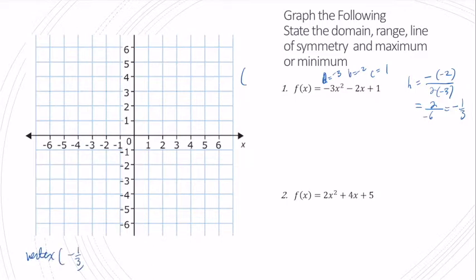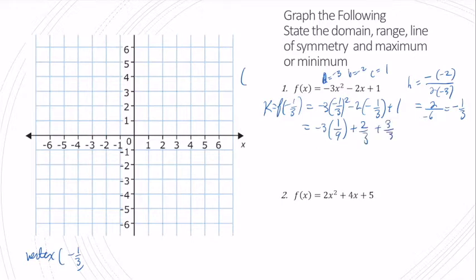So now if I take f of negative 1/3, that'll give me my k. So negative 3 times negative 1/3 squared minus 2 times negative 1/3 plus 1. That gives me negative 1/3 squared, which is negative 3 times 1/9, plus 2/3 plus, we'll go ahead and write that as 3/3.